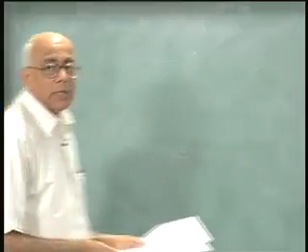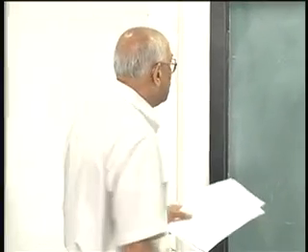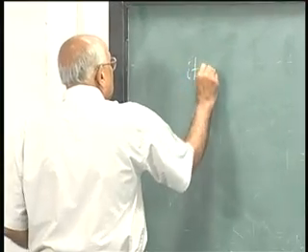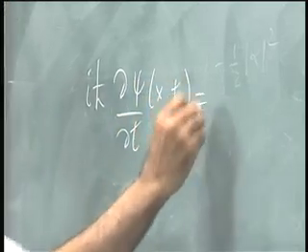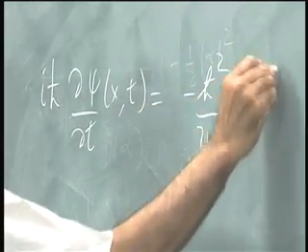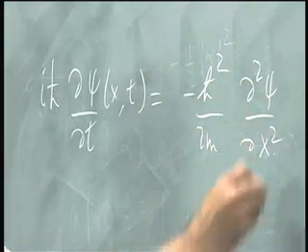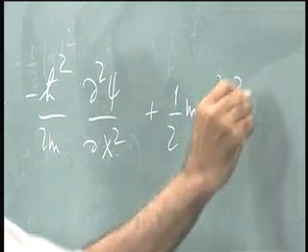You were just asked to verify this because it requires a little bit of mathematics to work out. So the equation was delta psi delta t of x comma t equal to minus h cross squared over 2m d2 psi over dx2 plus 1/2 m omega squared x squared psi.